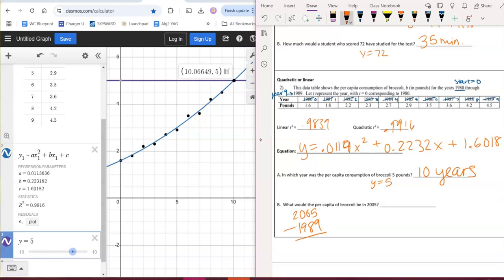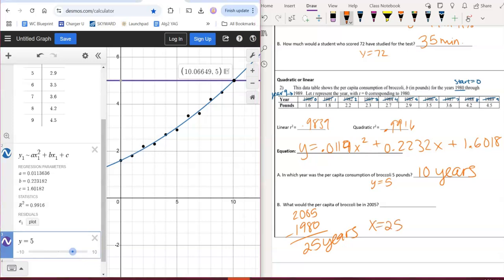Why do I say 25 years? Oh, I see what I'm doing wrong. Sorry, guys. 2005 minus the original year, 1980, that's 25 years. So we're looking for x equals 25. There we go.